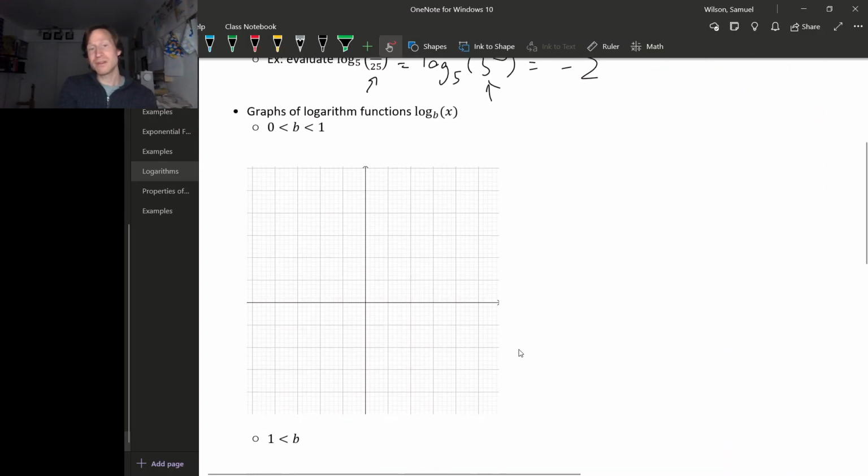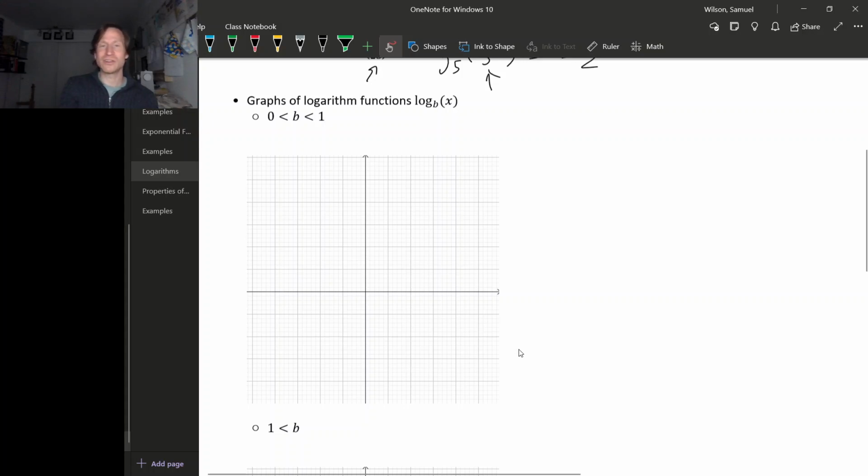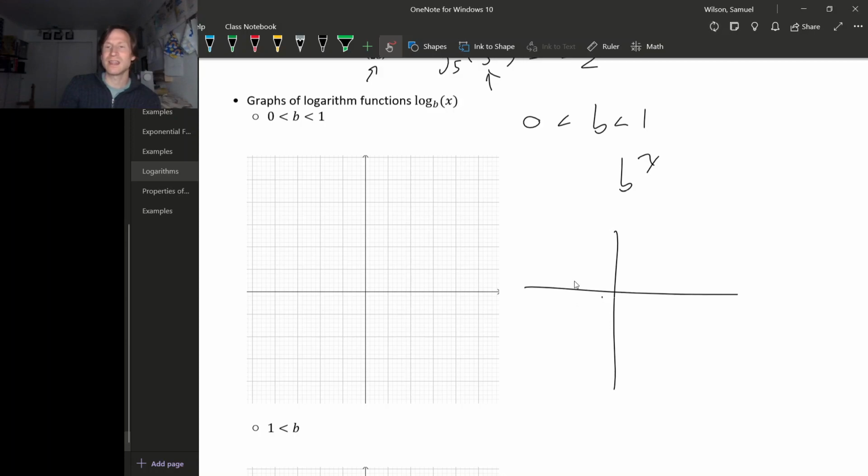All right, another thing to know about logarithms is what their graphs look like. Just like there are 2 flavors of exponential graphs, there are 2 flavors of logarithm graphs. So when b was less than 1, remember b has to be bigger than 0, b to the x looks like this.